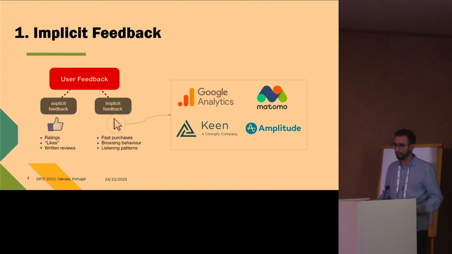Implicit feedback refers to analyzing user behavior and how they interact with your application, and the purpose of doing that is to prioritize features, understand how they feel about the software, and also maybe to make some A/B testing.